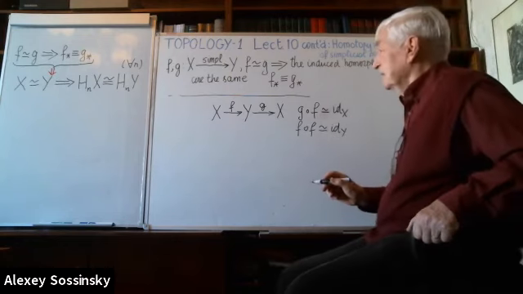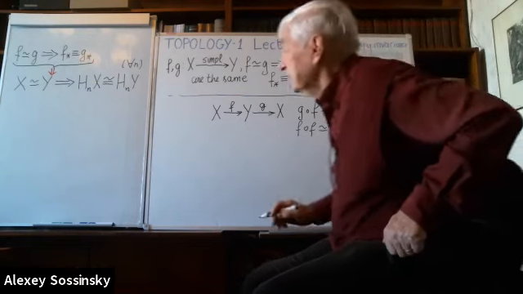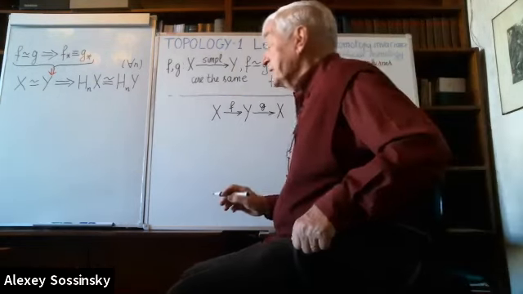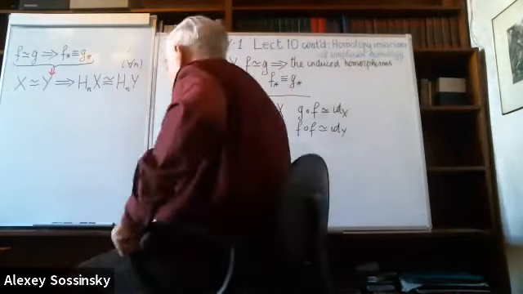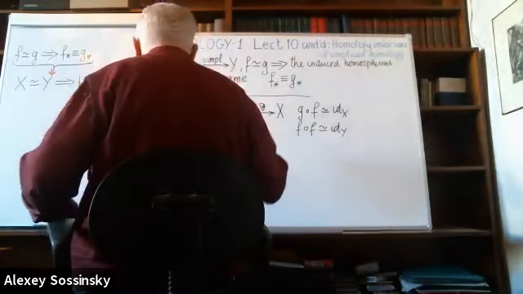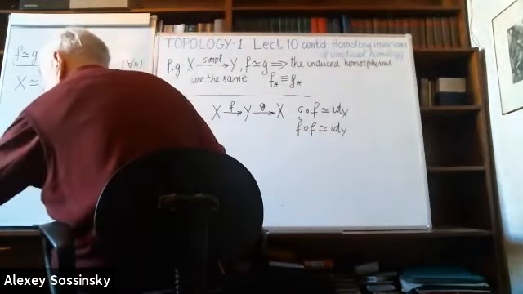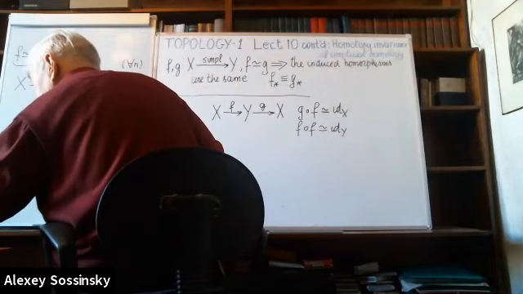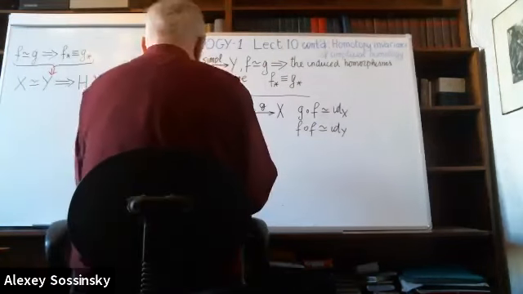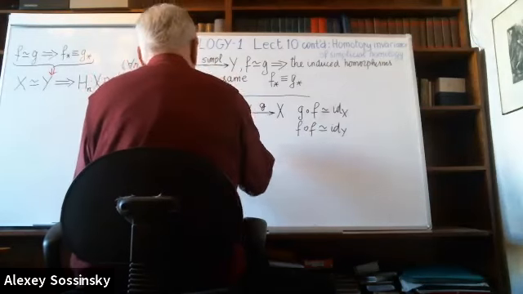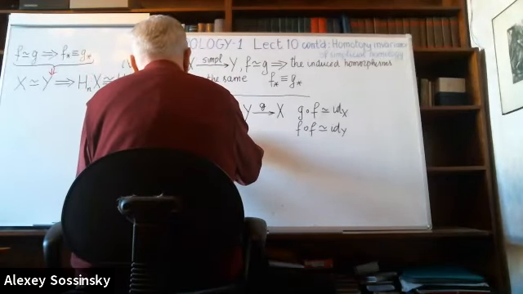Okay, now we use functoriality to pass from these simplicial maps to the corresponding homomorphisms in homology, which look like this.